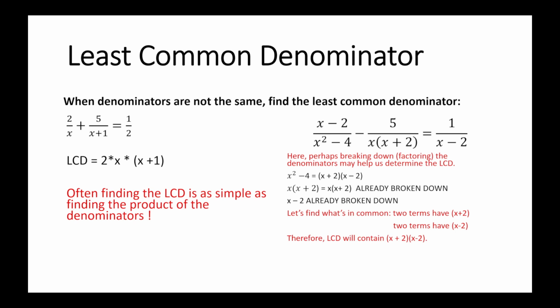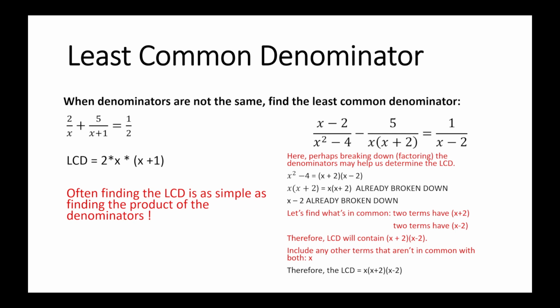But you're still missing something. You're missing any other terms within these three denominators that aren't included. So we already talked about x plus 2 and x minus 2. Well, the x isn't included. So we also multiply by that. So our final LCD would be x times x plus 2 times x minus 2, as shown here.